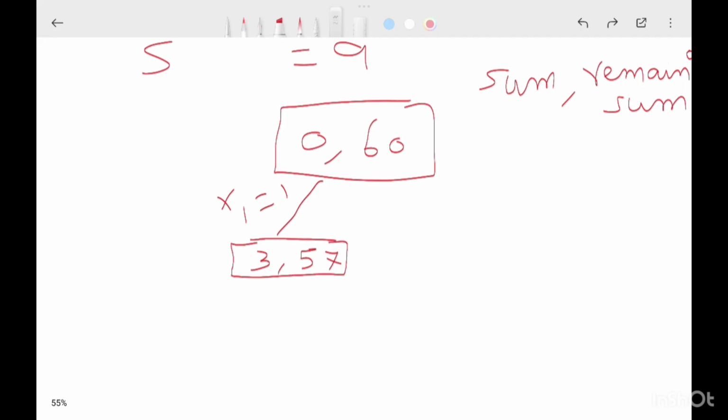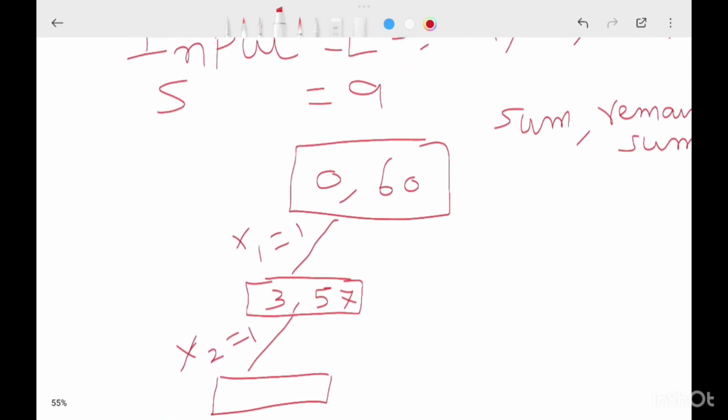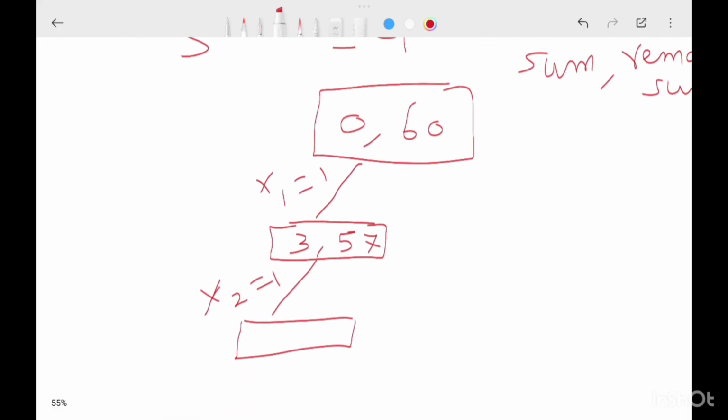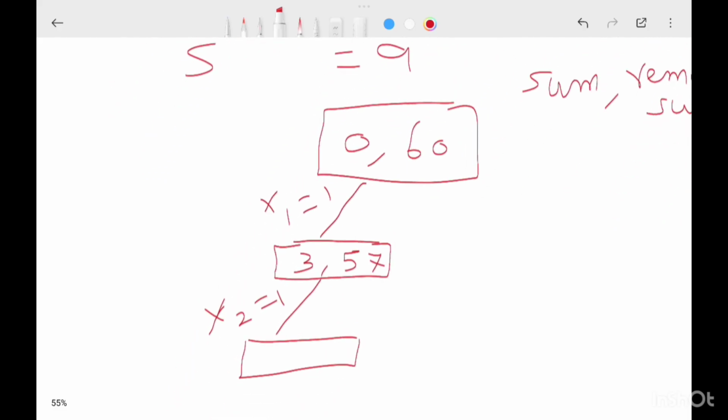I am moving to the next state where x2 equals 1. That means I am also going to include the second element. After including the second element, the sum will be, already the sum is 3, now I am including the element 34, so 3 plus 34 is 37.